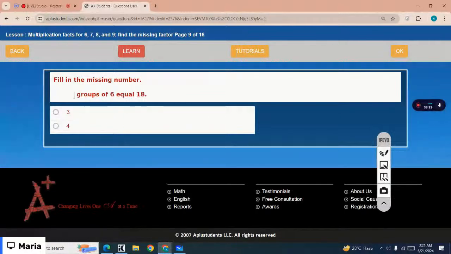Fill in the missing number. How many groups of 6 equal 18? So which is the correct option?